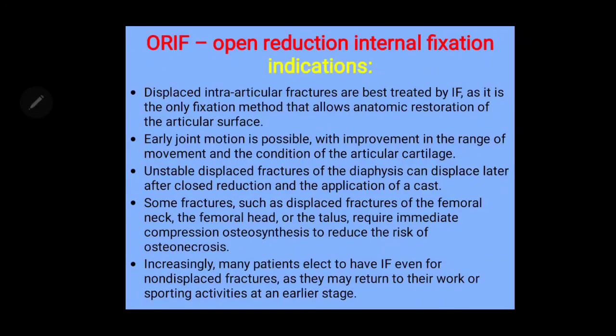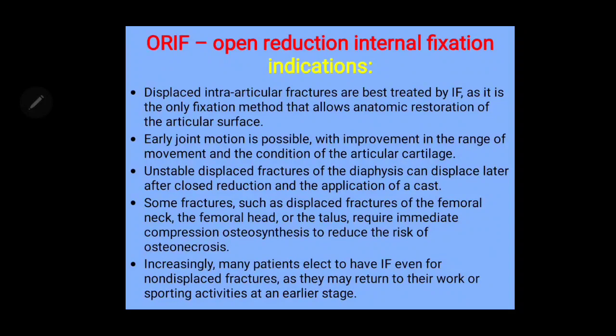If this displacement is more than 2 millimeters, we should correct it in a surgical way. In this way, we can reduce the rate of later osteoarthritis of this joint. And of course, early motion in the joint prevents its stiffness and restores its function and range of motion.